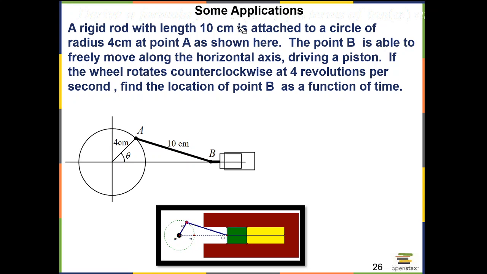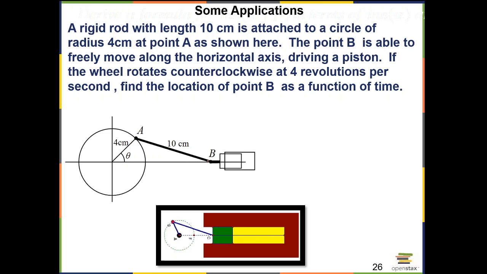Here's an application problem I want to do. A rigid rod with length 10 centimeters, this right here, is connected to this piston, and the piston is allowed to move like you see in this animation.